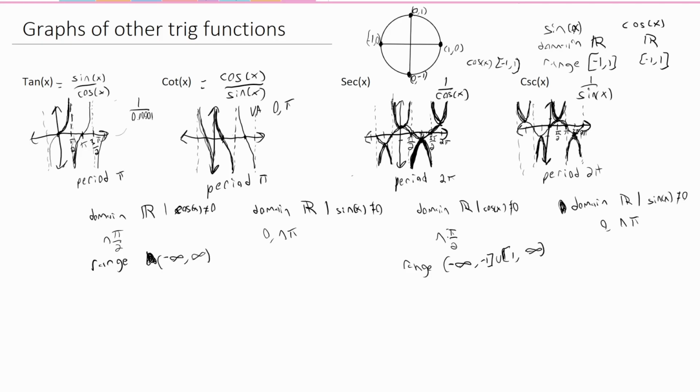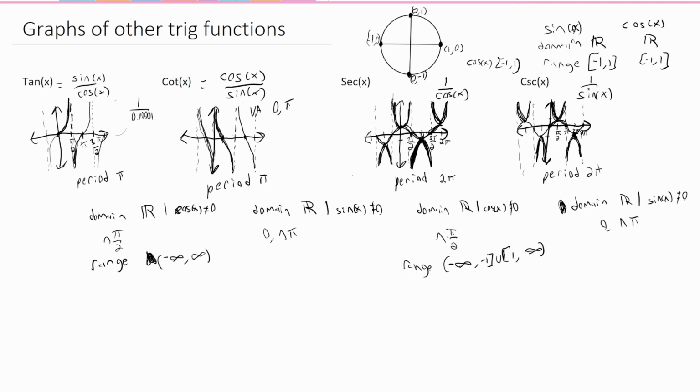And the reason for that is, again, our values can never fall in between -1 and 1, because since we're dividing by cosine and the biggest value for cosine is going to be 1, 1 divided by 1 is 1. So in terms of positive values, we can't get a fraction less than 1.